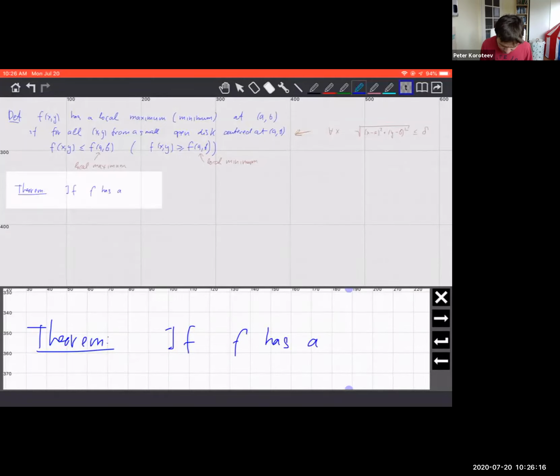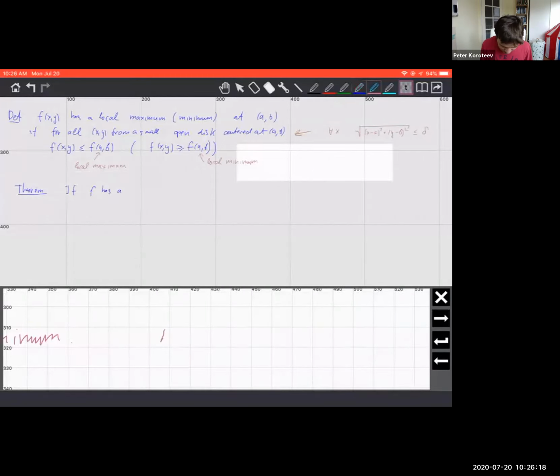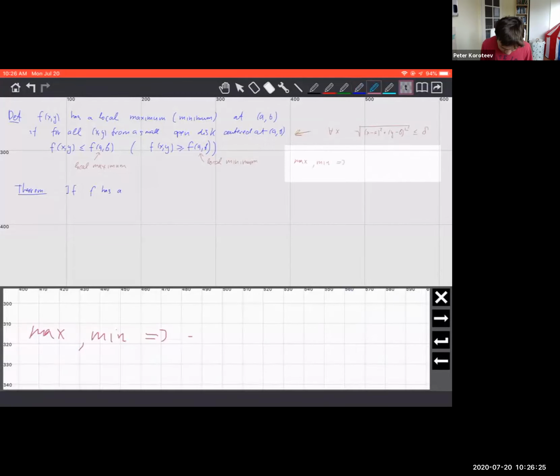Maximum or minimum, we can refer to them as extrema.